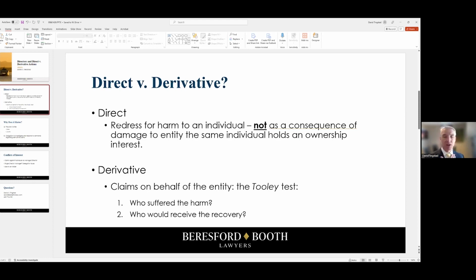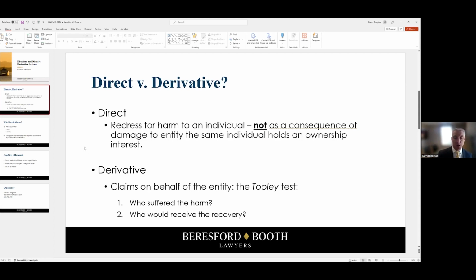Bill would not have a claim directly against me, but he would have a claim saying, hey, the company has breached that contract with me, and so the company needs to be brought to account for that. But of course, I'm also an owner of that company, and I may be reluctant to do something about that claim.